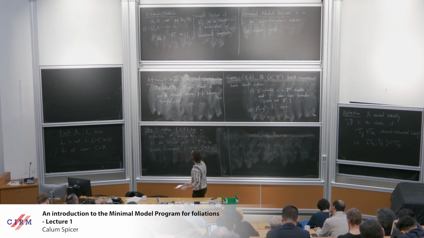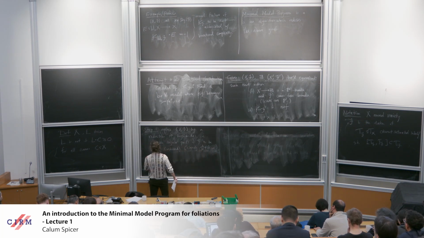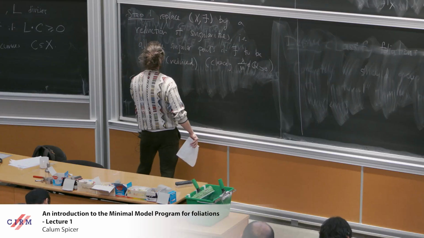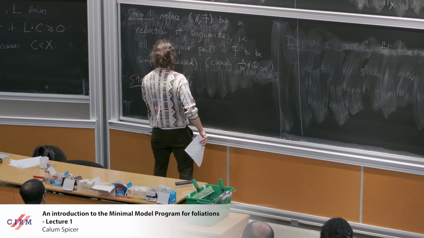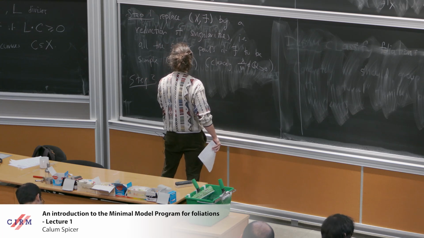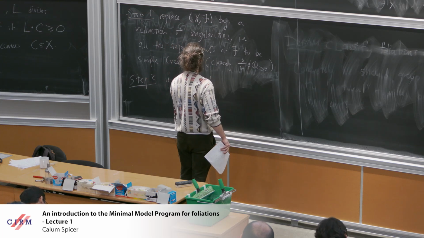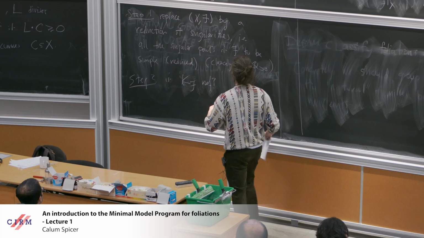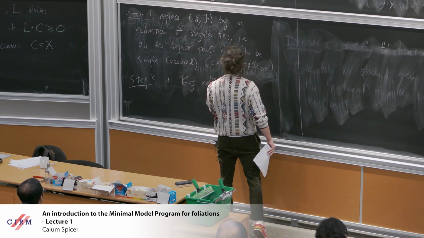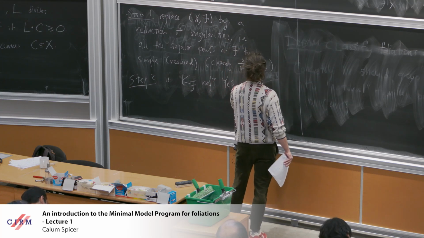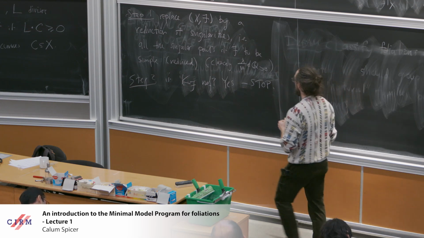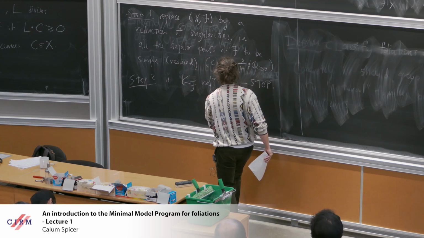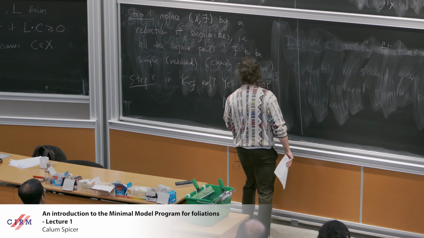Okay. So step 2 is we run the following algorithm. We ask, is K_F nef? Well, this is easy. If the answer is yes, we stop. If the answer is no, we have work to do.